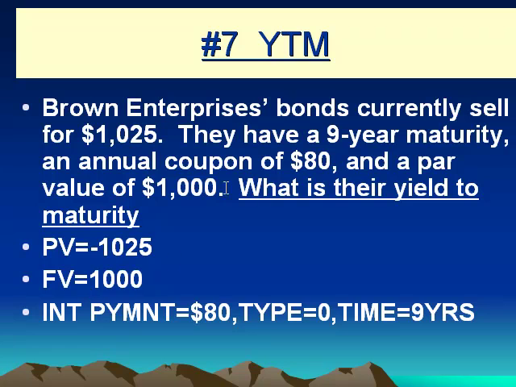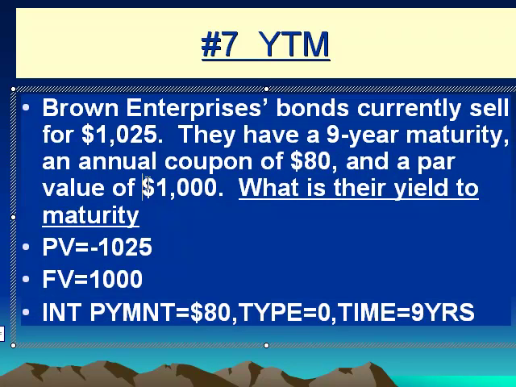Next problem is again a yield to maturity problem, solving for rate again. Brown Enterprises sells the bond for 1,025. They have a 9-year maturity, coupon of $80, and a par value of $1,000. So what is the yield to maturity on this?